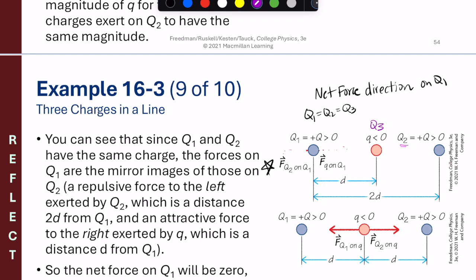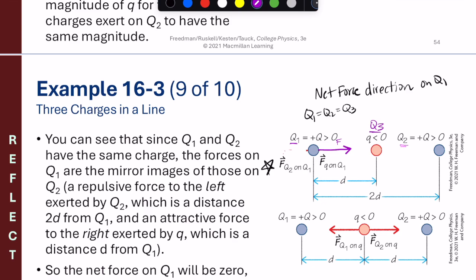So what force direction does Q3 exert on Q1? Well, it looks like they are opposite, right? And so they're going to be attracted to each other. And since I'm talking about Q1, I'm going to draw my force vector on Q1 and it's going to go straight towards Q3, okay?